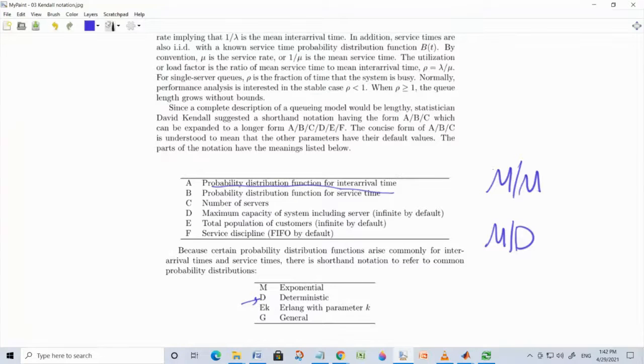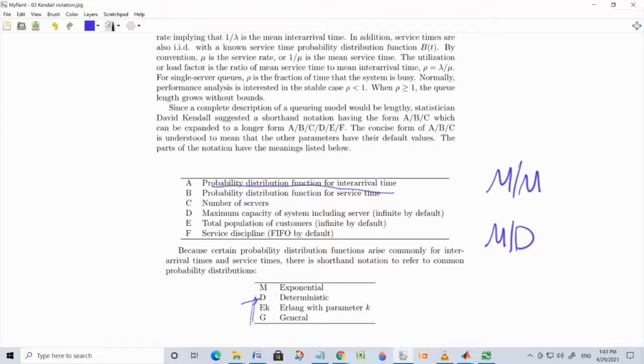My point is that a queuing system is described by a sequence of letters. The first is a distribution: you find M for exponential, D for deterministic, E_k for Erlang with parameter k, which is the sum of k i.i.d. exponentials, and G for general. Sometimes you are ambitious and want to analyze your system with a general inter-arrival time.